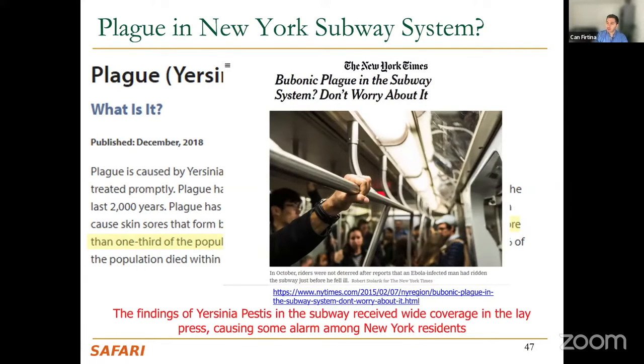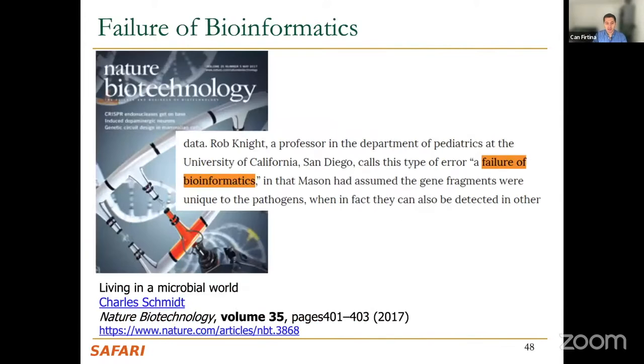Once we were doing this city-scale genome analysis in New York City, what researchers thought they found is that there could be samples of plague in the New York City samples, and this, of course, raised an extreme concern for the people living in New York City.